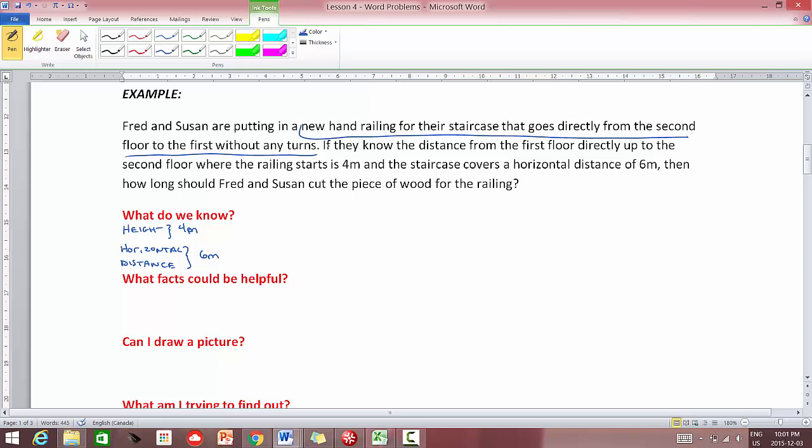What they want to find out is how long should Fred and Susan cut the piece of wood for the railing. So what facts could be helpful? Well, a staircase forms a triangle with the roof and the floor.